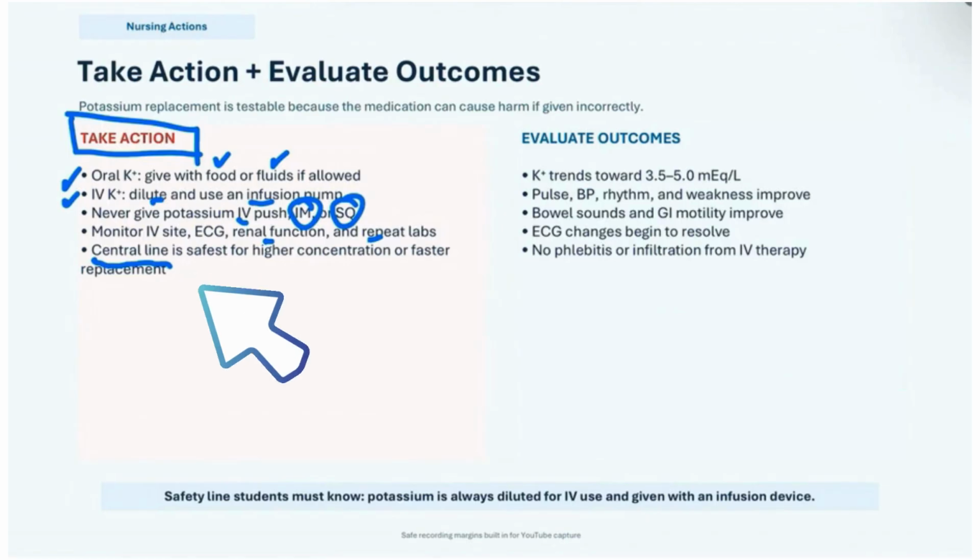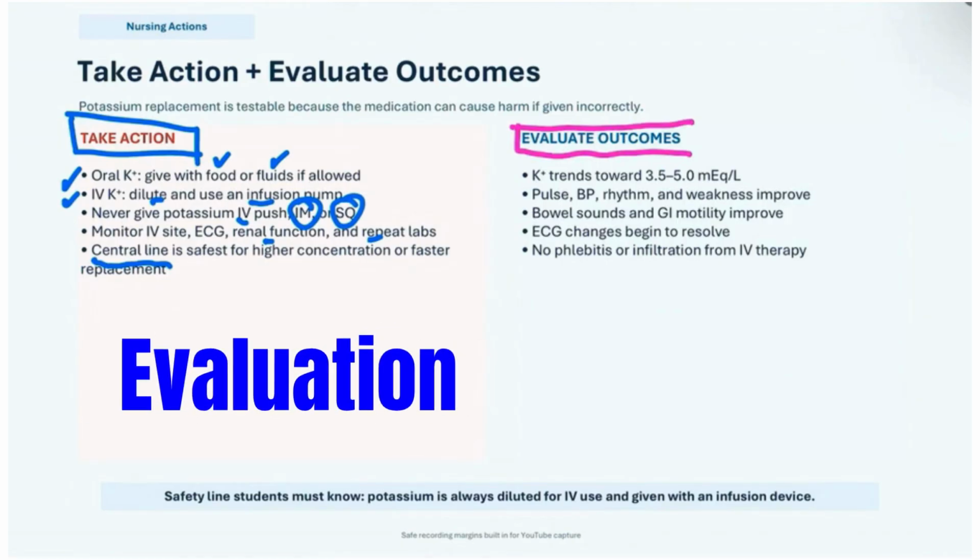But administering potassium does not complete the nursing process. Now you have to ask, did the intervention work? That's why one of the clinical judgment steps in your NCLEX exam is evaluating the outcomes. Did it work or did it not work?